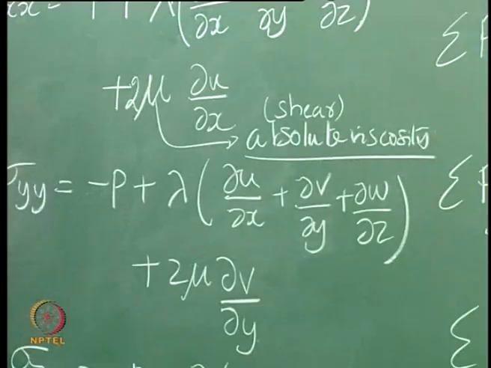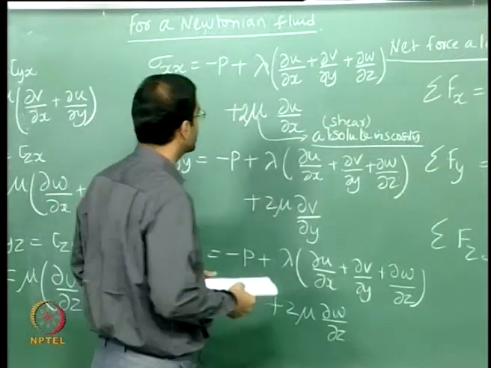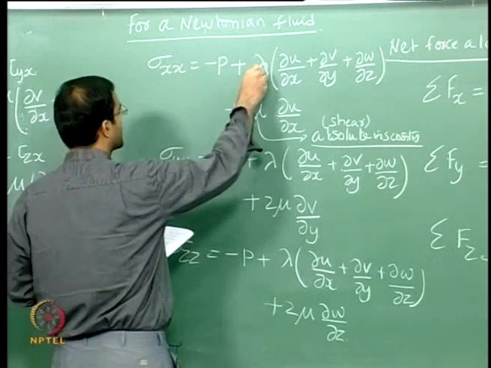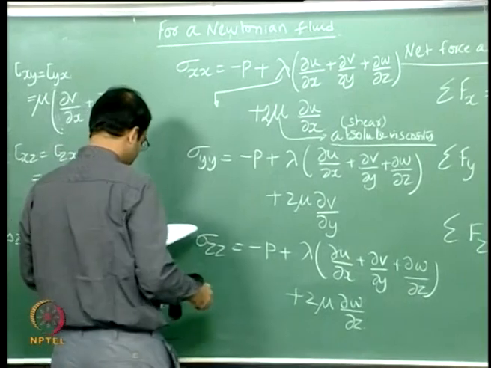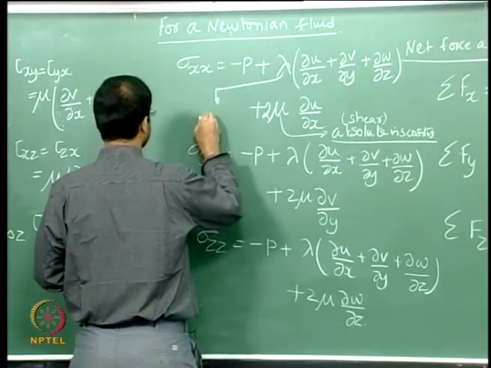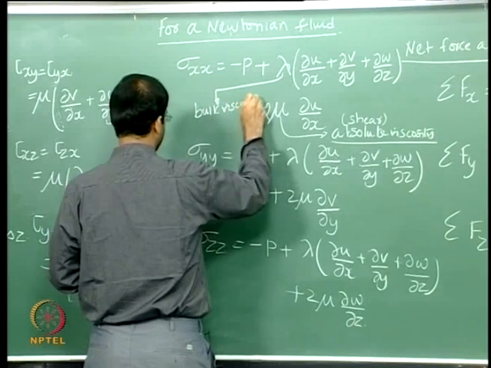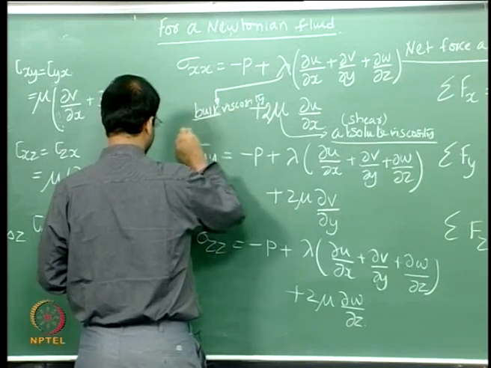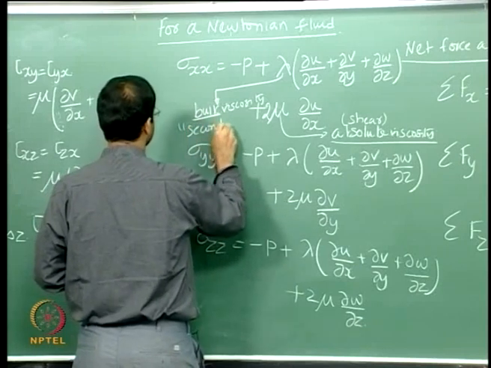When you say viscosity is the property of the fluid, you talk about the absolute viscosity or the shear viscosity. Now you have also introduced another coefficient here, which is the lambda, which is actually the bulk viscosity. This is sometimes referred to as the bulk viscosity. Also it is more commonly referred to as the second coefficient of viscosity.